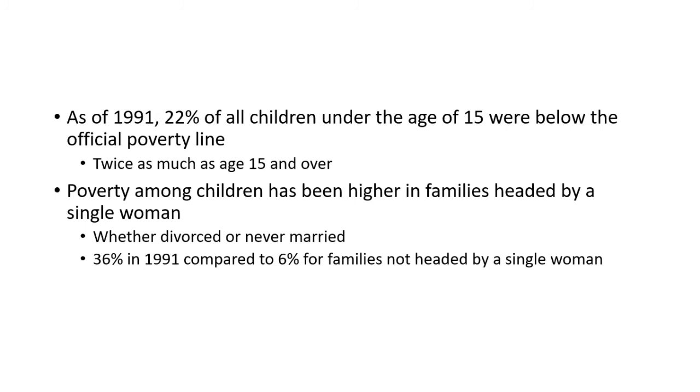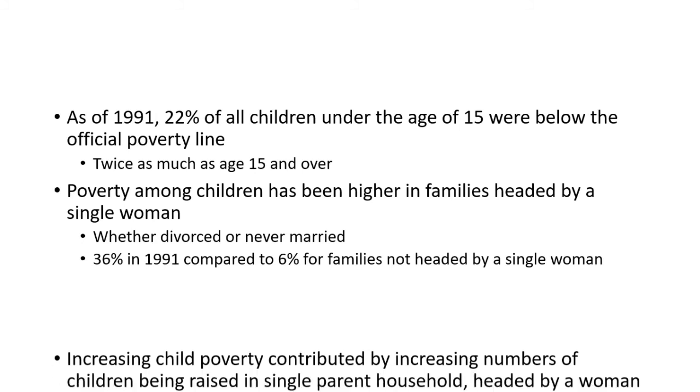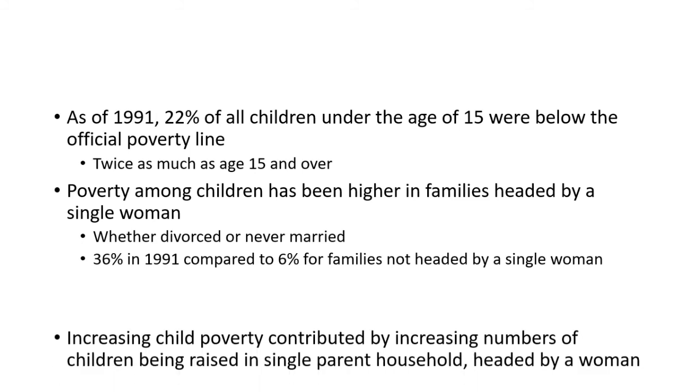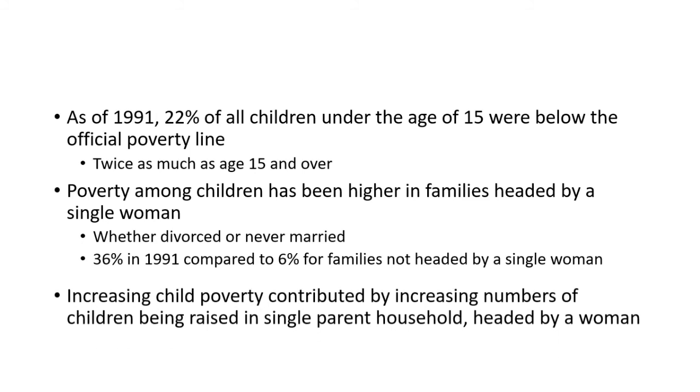I've heard this discussed before in the past. So increasing child poverty is contributed to by increasing numbers of children being raised in a single parent household headed by a woman. Okay, so that has an effect on it.